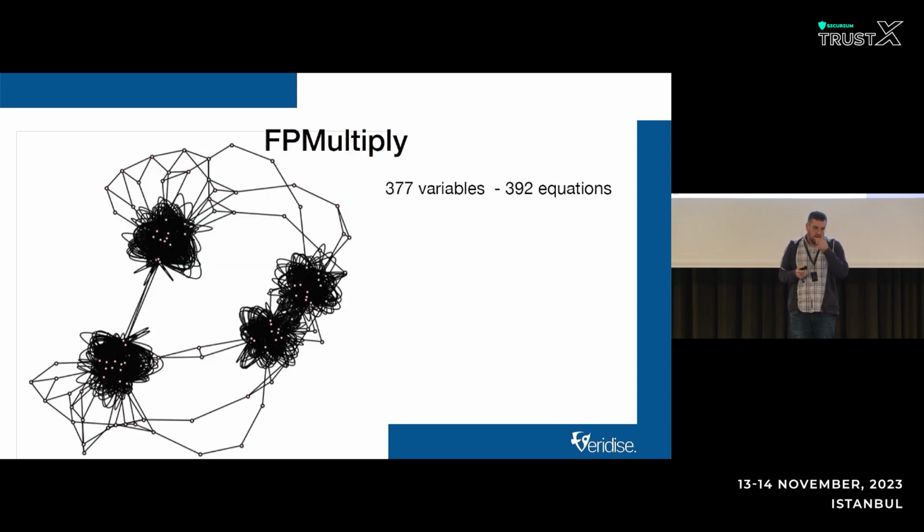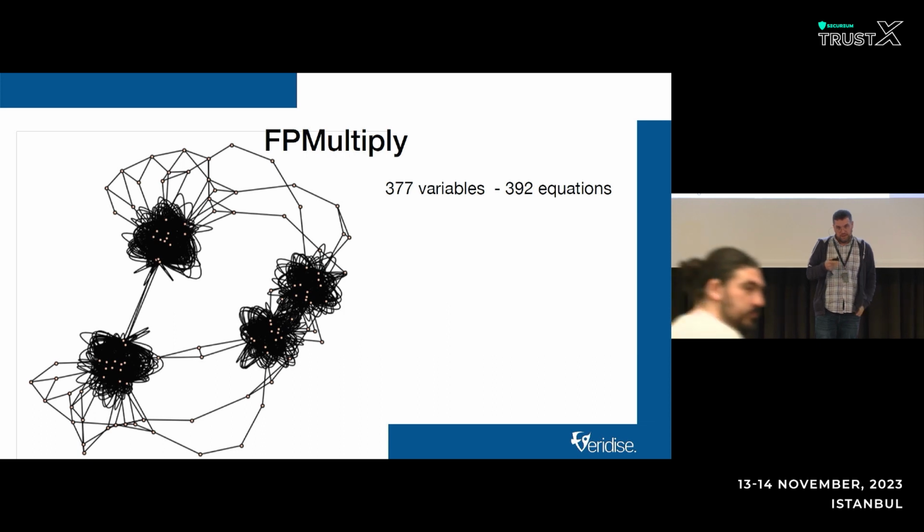Just to show you, this is the graph of the FP multiply circuit, which has 377 variables and 392 equations. And you already see that you have quite some clusters around, right? Some variables in the cluster on the top left would not directly communicate to the variables down there, so you can try to ease things a bit by exploiting that.